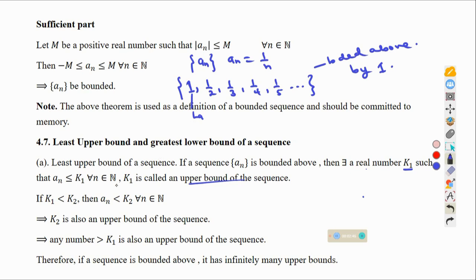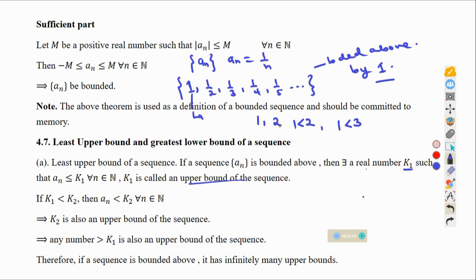Now let us look at the case: what if you have another number? We have seen that 1 is an upper bound. What if you have a number like 2, because 2 is greater than 1? You can have a number like 3, which is greater than 1.